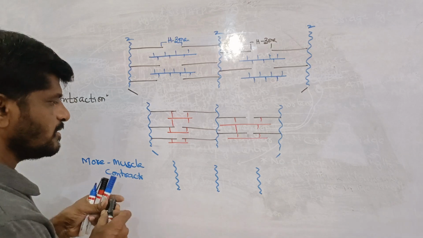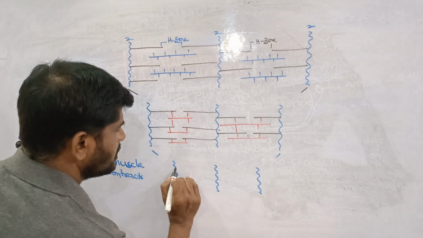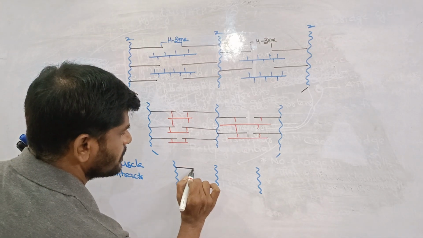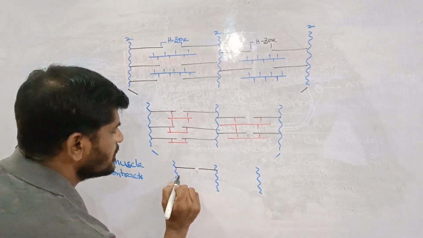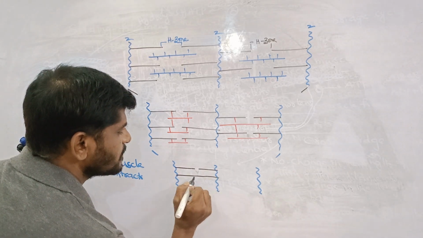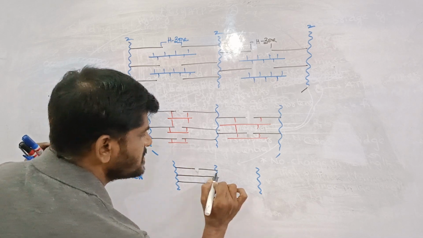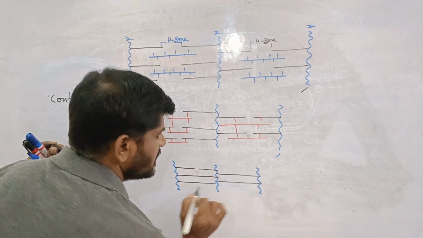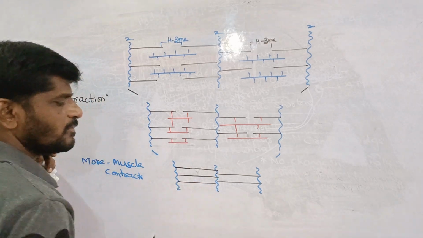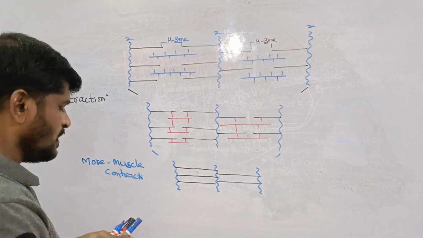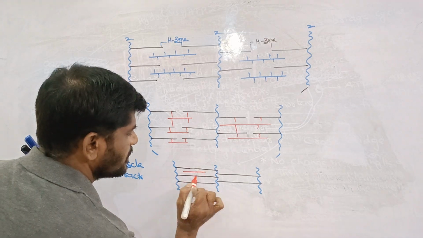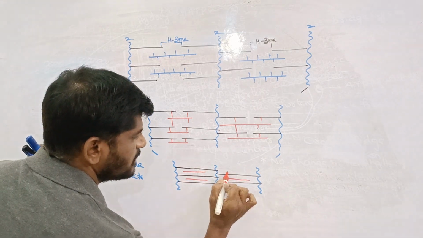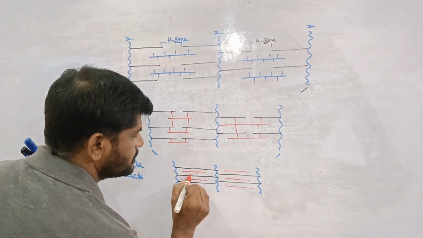Therefore, you can see this is the I band, and the thin filaments are entering into the H zone. Therefore, the H zone is disappearing in a powerful muscle contraction. This is the thick filament.